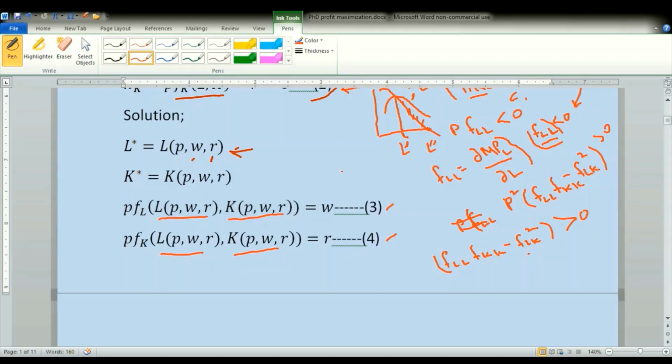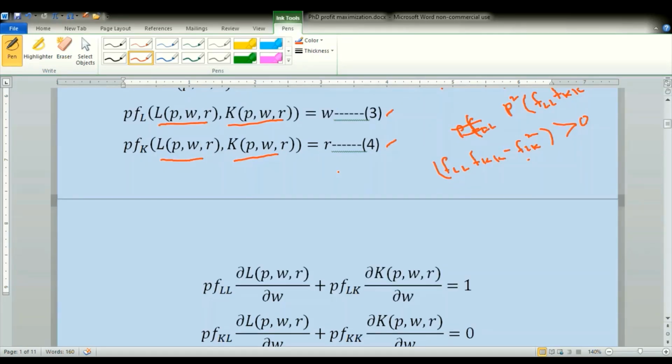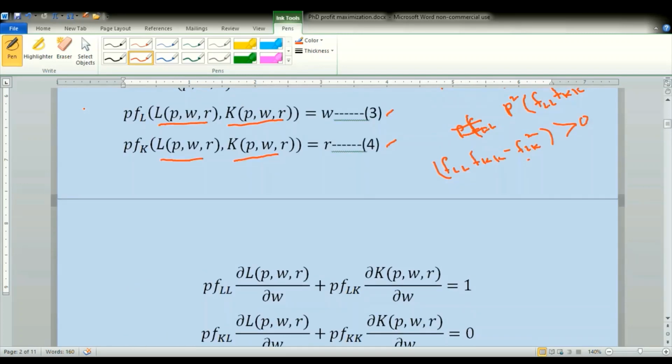Now I take the derivative of these two equations with respect to W. So this is what I have done here. See that if I take the derivative of this first equation, equation 3 rather, with respect to W, let me write it down in the short form.